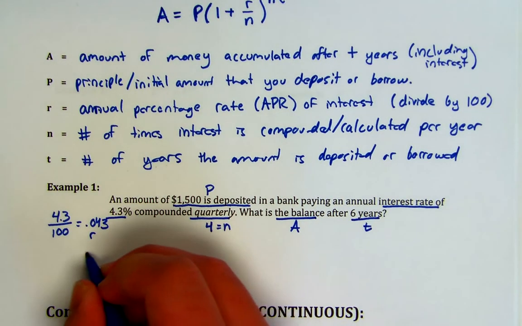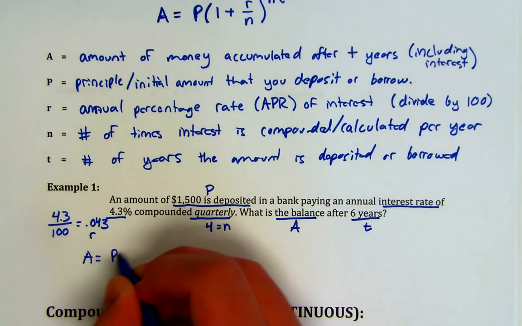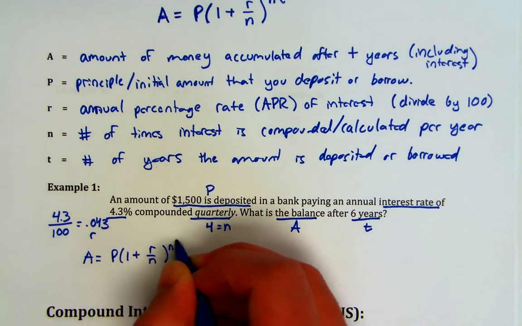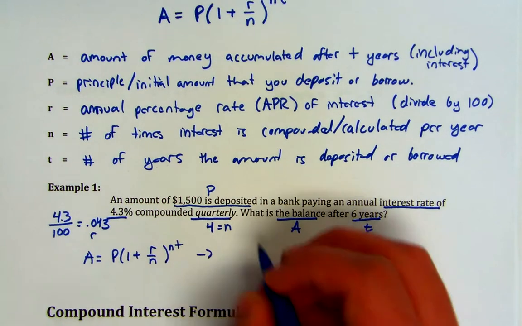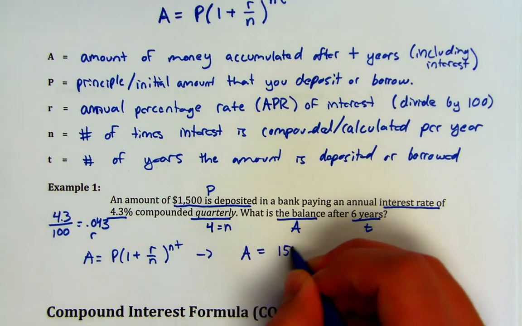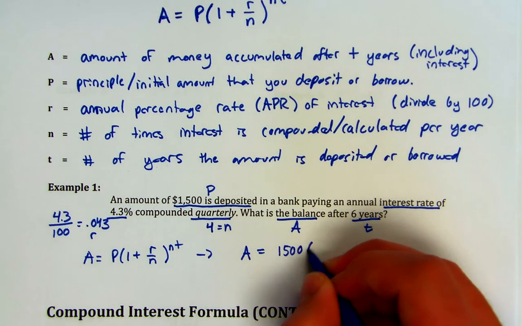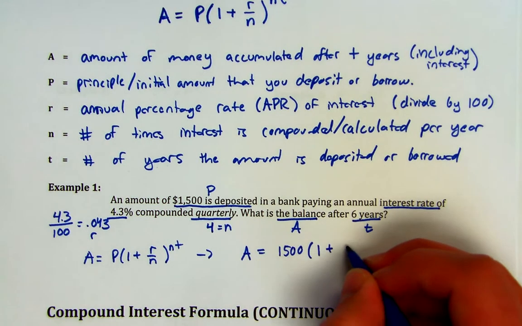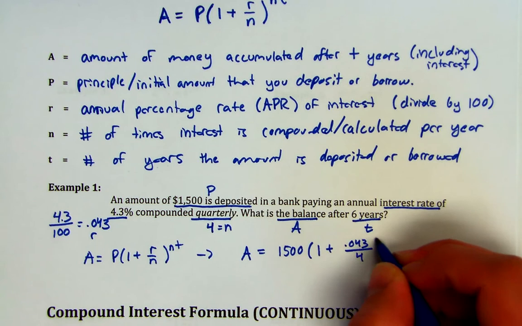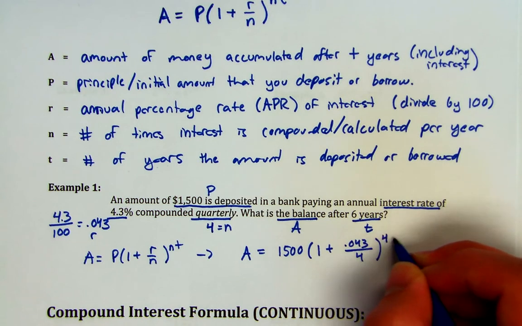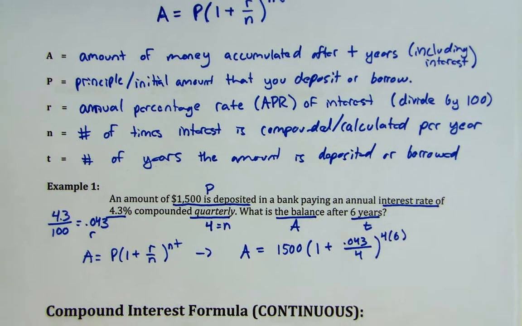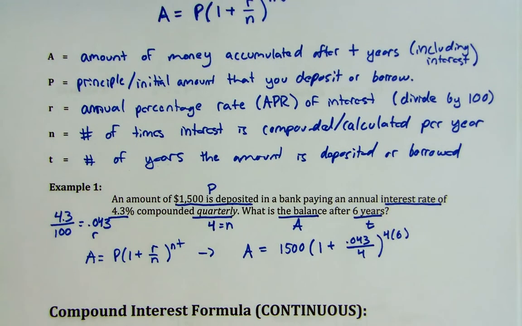So use our formula, A equals P times 1 plus R over N raised to the NT. So if I want the amount, I need to do the initial 1,500 times 1 plus the rate 0.043 over 4 times, that is compounded, and then raised to the power of 4 times 6. So here is where I will switch over to my calculator to get the answer.